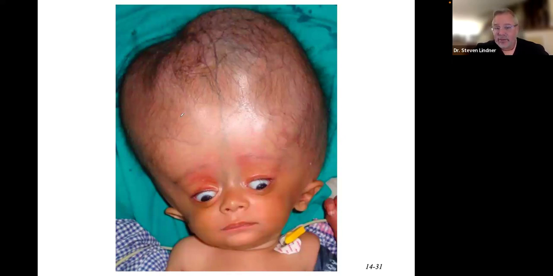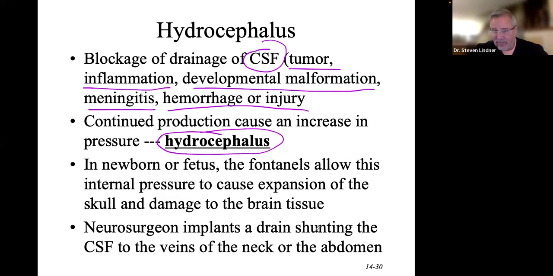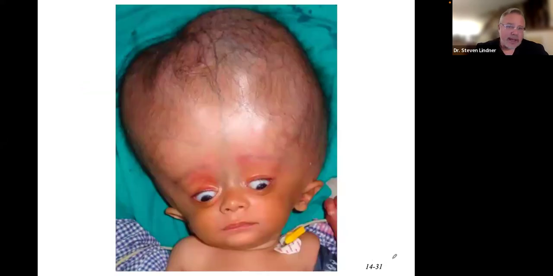You get this, which is what hydrocephalus is. So they have to create a shunt and put in a drainage shunt. These neurosurgeons can implant a drainage shunt that helps to divert the cerebrospinal fluid out of the brain into the veins of the neck or into the abdomen. That's called hydrocephalus.